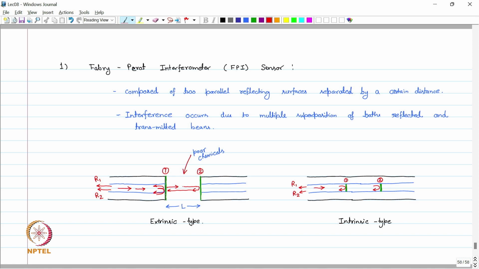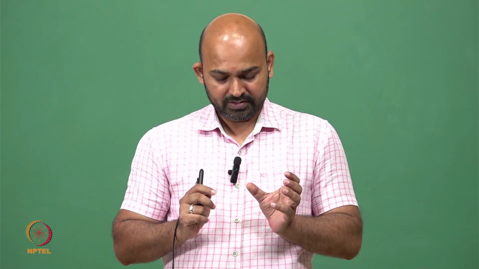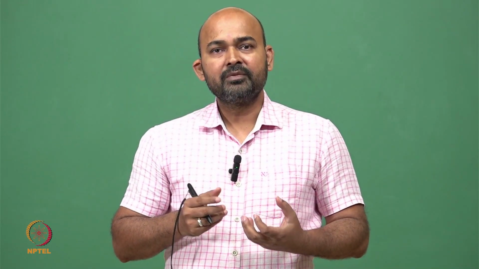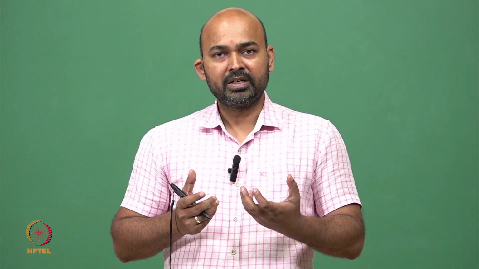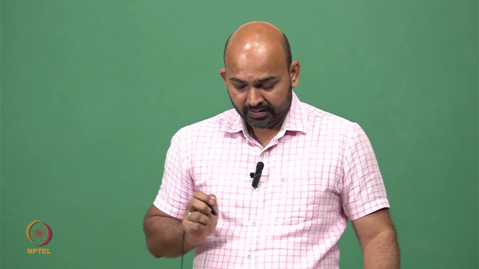So this is how an FPI sensor looks like. We can have the extrinsic type as well, where we have a separate cavity where we can pour the liquid. So this can work as a refractive index meter. We can detect the material based on its refractive index.